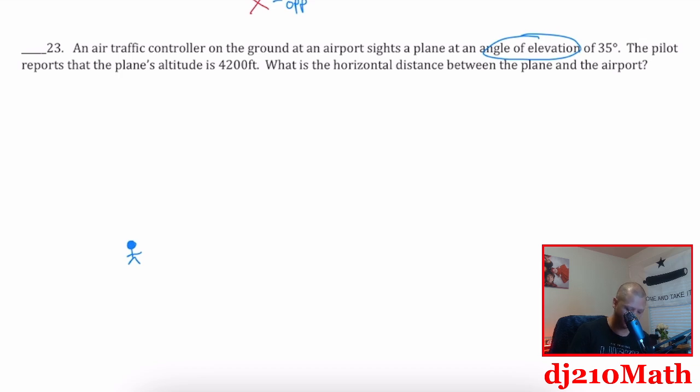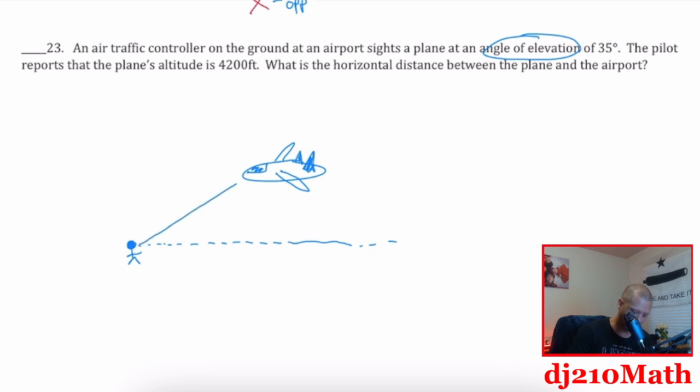So here's the plane. Angle of elevation is the angle that the person's line of sight makes with the ground. So this is 35 degrees.